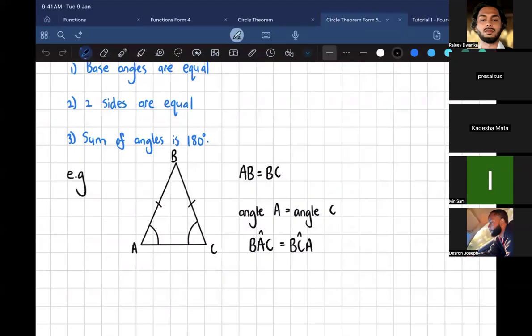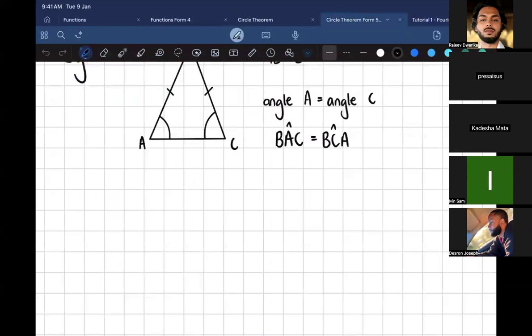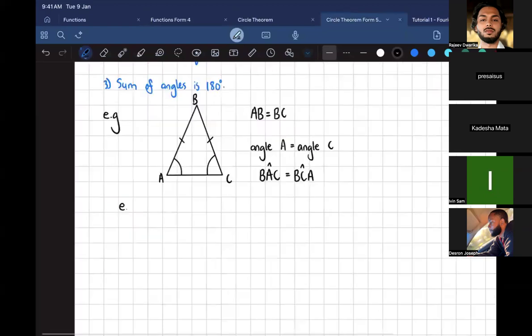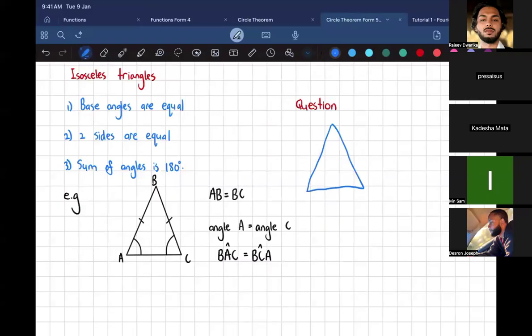Let's continue. Let me give you all an example now. Oh, you all could copy that down. Actually, let me give you all a question. Perseus, if I were to give you an isosceles triangle, I'm not going to tell you it's isosceles.